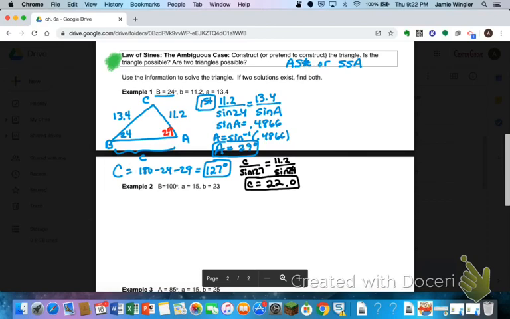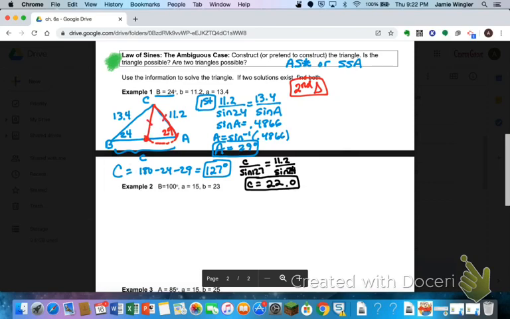All right, since our given angle is acute, we have to now test to see if we can find a second triangle. To find a second triangle, we use the fact that this side that's opposite the given angle can be swung along the non-given side and create an isosceles triangle.